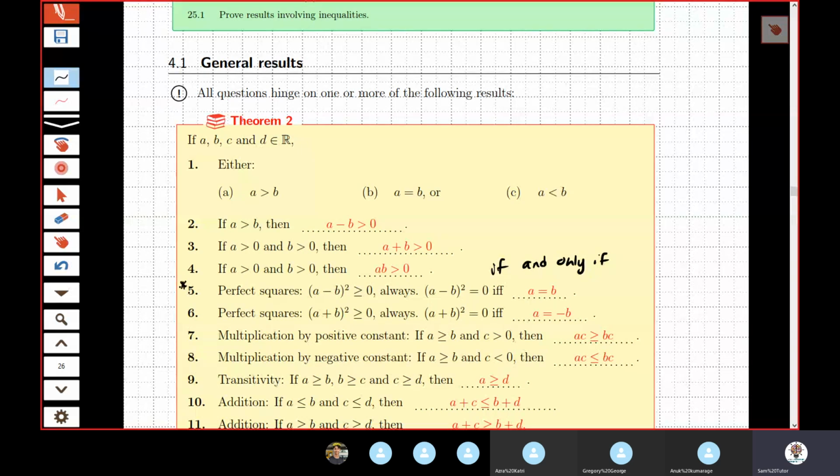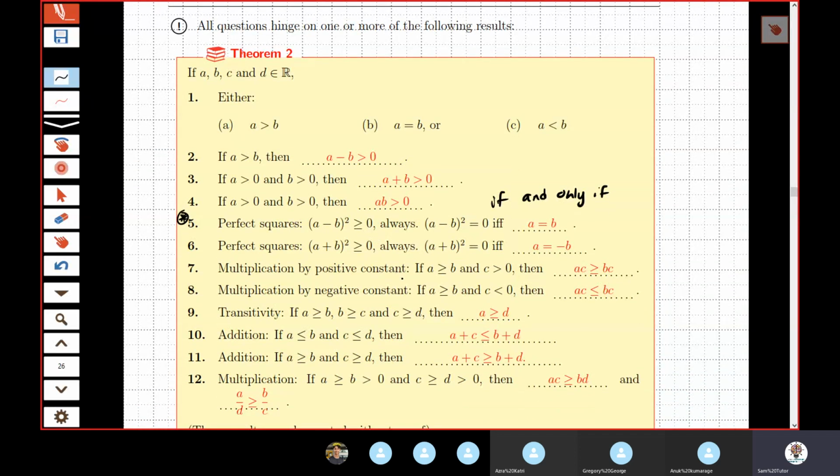That one we're going to use a lot. So (A minus B) all squared is always greater than or equal to 0. But (A minus B) all squared is equal to 0 if and only if A is equal to B, of course. And then (A plus B) all squared is also greater than or equal to 0 always. But (A plus B) all squared is equal to 0 if and only if A is equal to negative B.